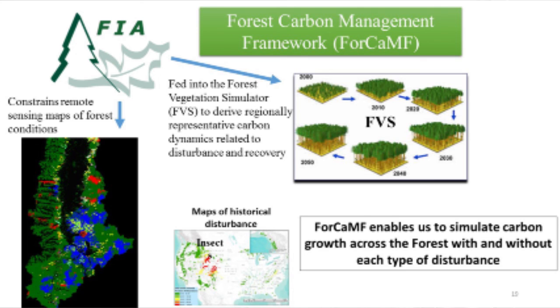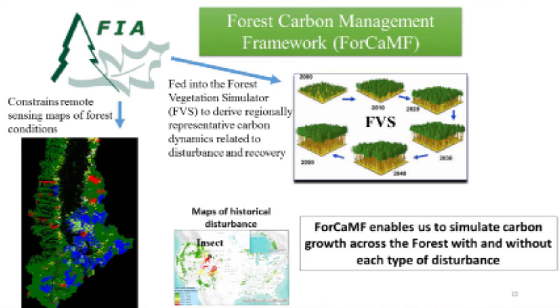But we start with a spatial visualization of the forest conditions across the landscape. And then we bring in the maps of disturbance that have happened since 1990. And we essentially grow the carbon across the whole landscape based on carbon dynamics that we derive from FVS, the Forest Vegetation Simulator.